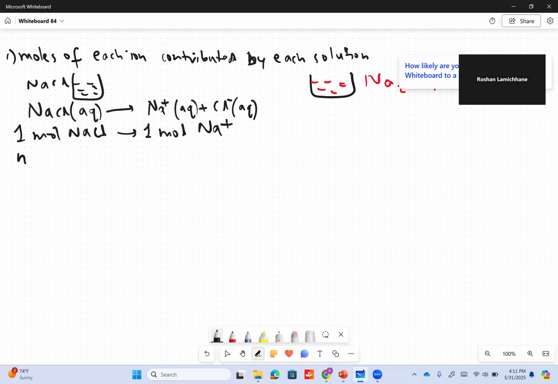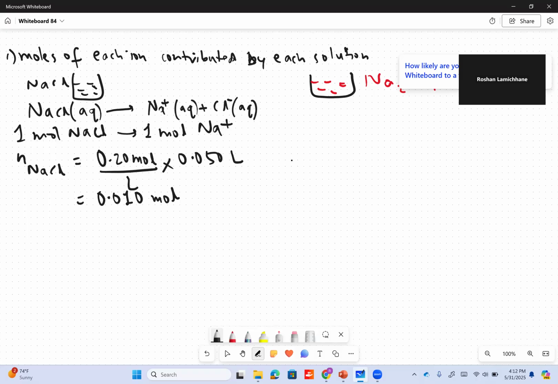To figure out the number of moles of NaCl, all I do is take the molarity value, 0.20 moles per liter, times the volume. Now remember, the volume is given in milliliters. Your job is to make sure you convert that to liters, 0.050 liters. And that will give me the number of moles of NaCl as 0.010 mole.